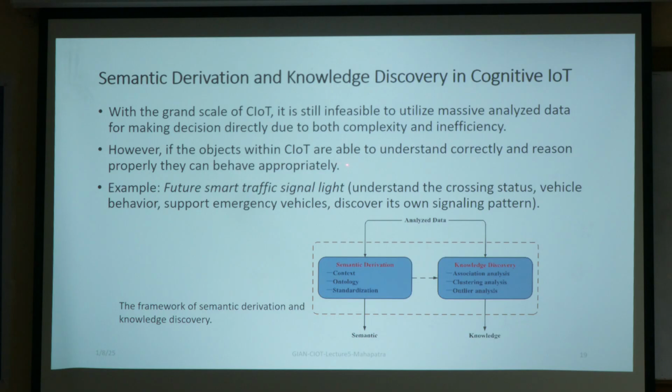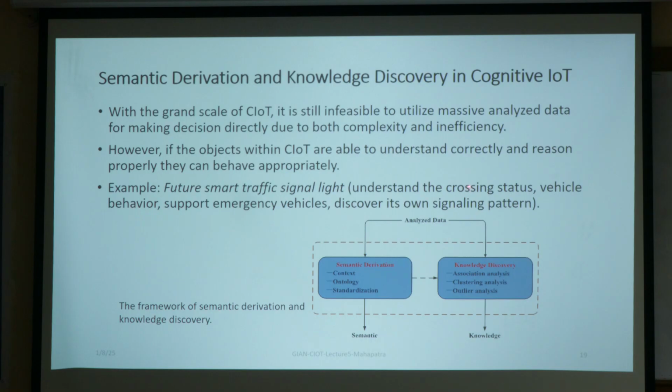Take the example of future smart traffic signals. They don't have to have a light for the sake of a physical light. They can understand the vehicles coming to that crossing point. They can know the status of the vehicle, such as speed, direction, and type of vehicle, and they can take a call on when to cross.